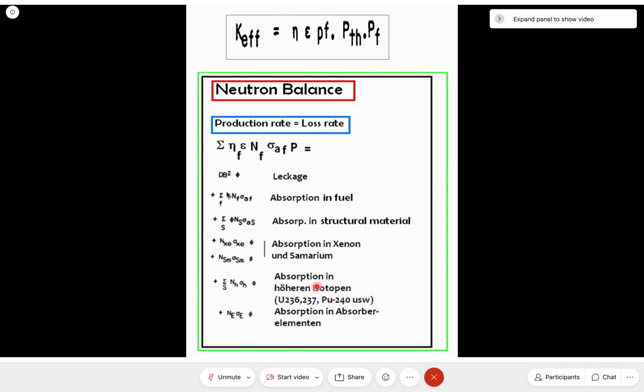For this reason, absorption in higher isotopes means absorption in neptunium, plutonium of different mass numbers. And absorption in the absorber rods, for example, for the control of the reactor. Part of the neutrons are produced in the fuel and absorbed in the absorber material.